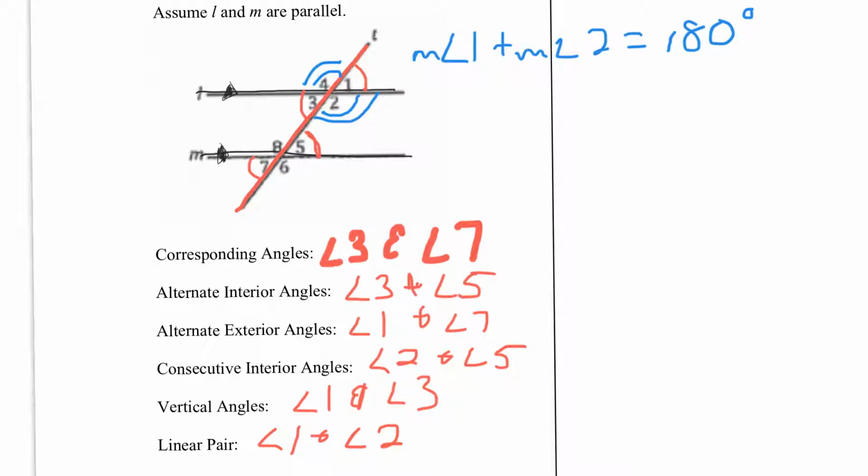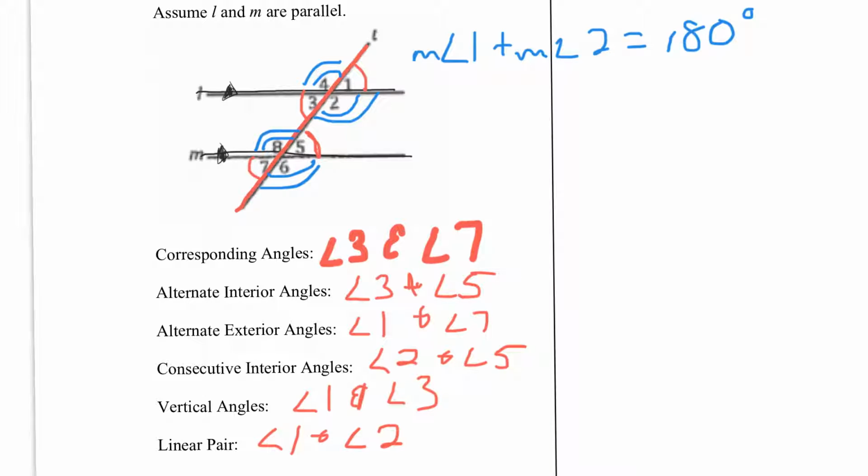Since angles 2 and 8 are alternate interior angles, those are always the same. And then 8 and 6 are vertical angles. What you end up with, these 8 angles, when you're finished, you end up with 2 different size angles. Typically you have one set of small angles and one set of larger angles.